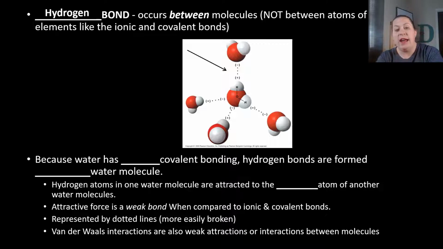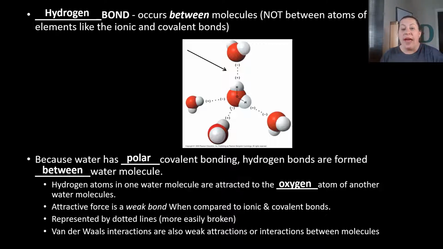Now, because water has that polar covalent bonding, hydrogen bonding is formed between the water molecules. Hydrogen atoms in one water molecule are attracted to the oxygen atoms in another. These attractive forces are weak when you compare them to ionic and covalent. They are a lot easier to break, so we represent them with dotted lines.